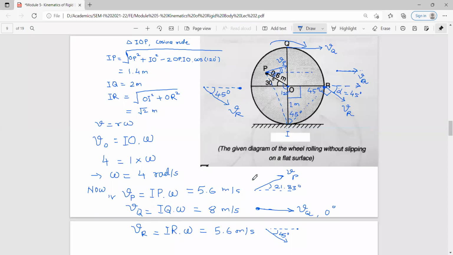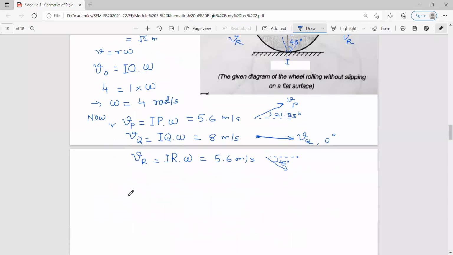These angles, because you know velocity is not a scalar quantity. There are two kinds of quantities, scalar and vector. In a scalar quantity there is only one thing, that is magnitude.